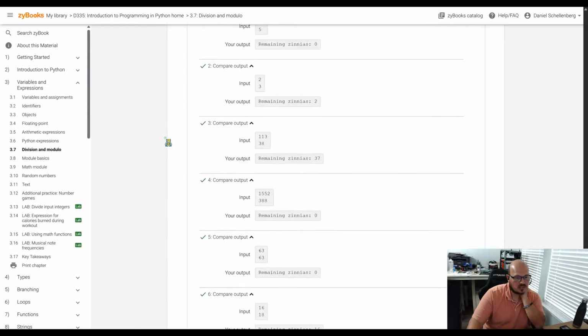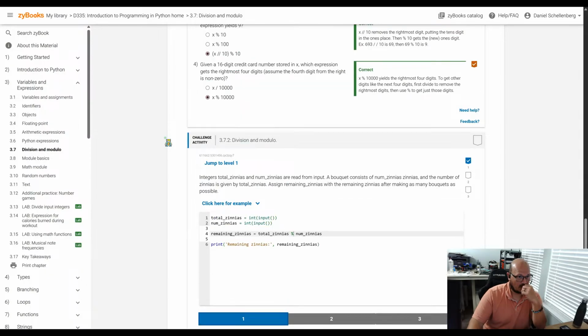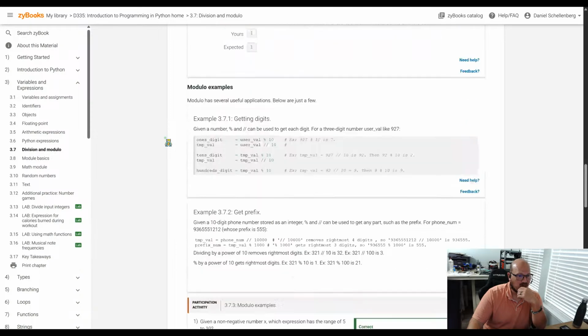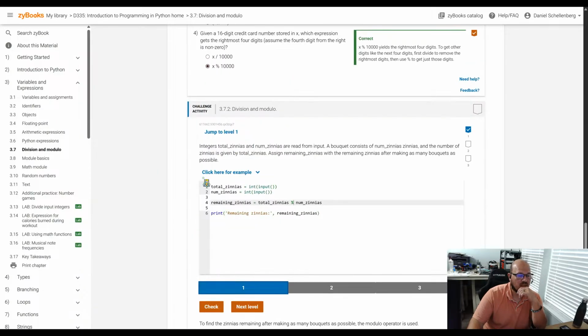Oh, that's what it was. Okay, so the modulo is figuring out the remainder. That's why. So that means I was using the floor division incorrectly on that one. Let's continue.